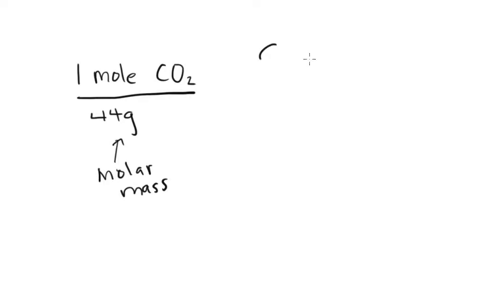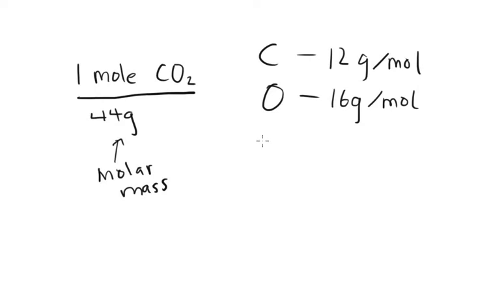So for instance, carbon has a molar mass of about 12 grams per mole. Oxygen has a molar mass of about 16 grams per mole. So I do this times 2: 12 plus 16 times 2 equals 44.